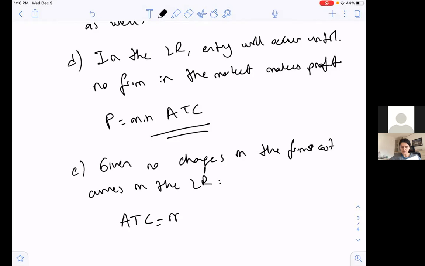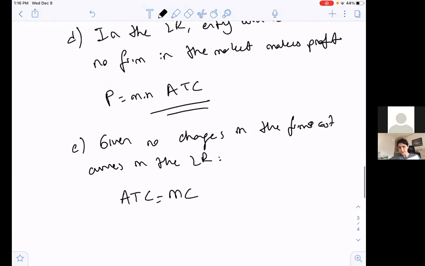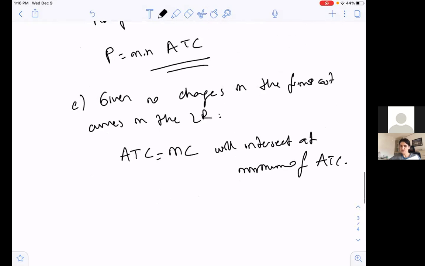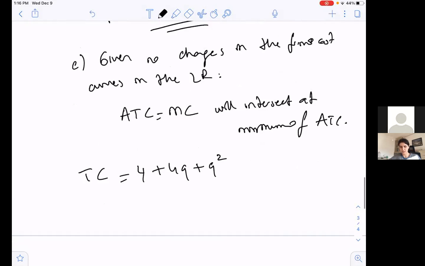The ATC and marginal cost curve will intersect at the minimum of ATC. The question was giving me total cost, 4 plus 4Q plus Q square, and also marginal cost, 4 plus 2Q. From here I can find ATC.